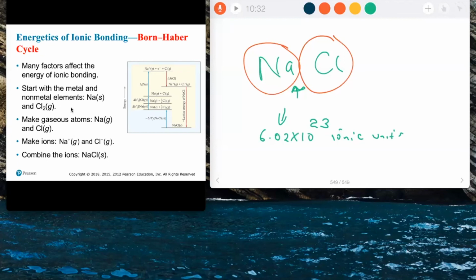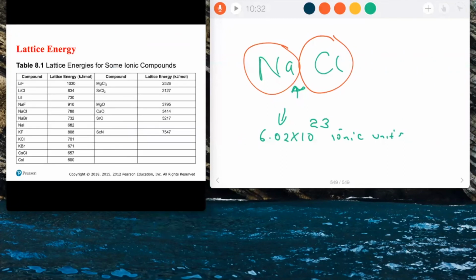First is the atomization from the solid, and then ionization, and then you combine to form the solid. I will not go into details on how to use the Born-Haber cycle, but just to look at the trend on lattice energy.